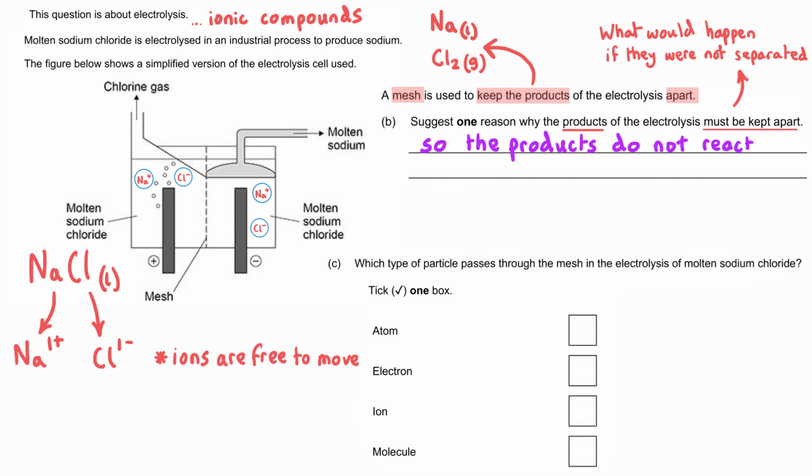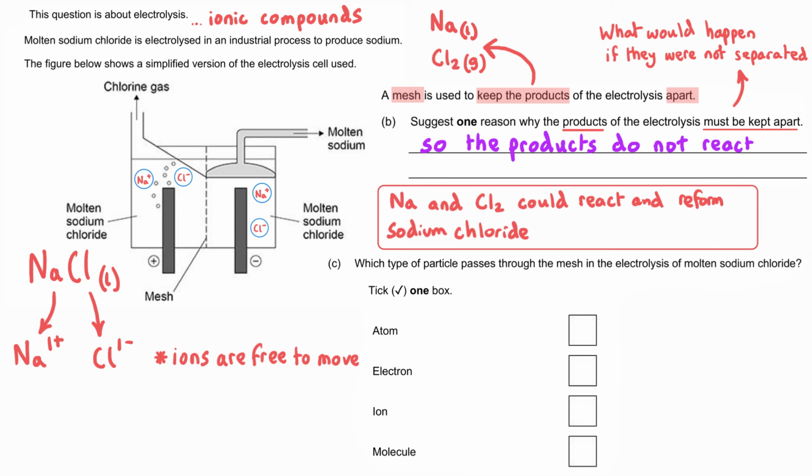Sodium and chlorine would probably react together and reform the sodium chloride in the equation that I'm showing here: 2Na plus Cl2 would react and produce 2NaCl. So we would be putting energy in to carry out this process, but this process would be reversing itself.